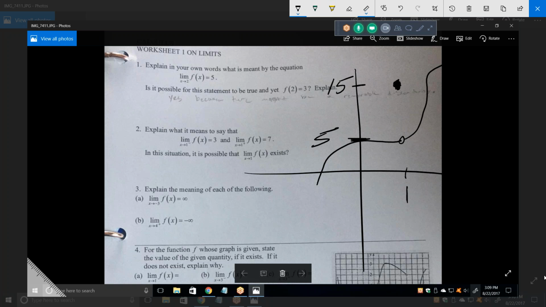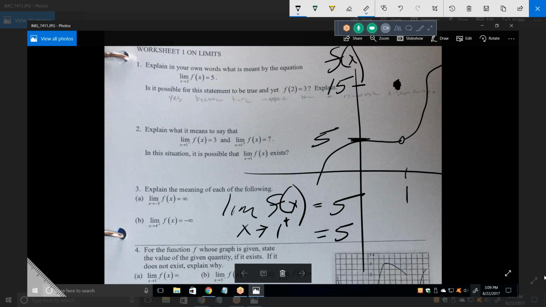Now, tell me, and this is f of x, what is the limit of f of x as we approach 1 from the left? And that's what that means. What is it? It would just be 5. What is the limit as we approach 1 from the right? 5. So therefore, what's the limit as x approaches 1?